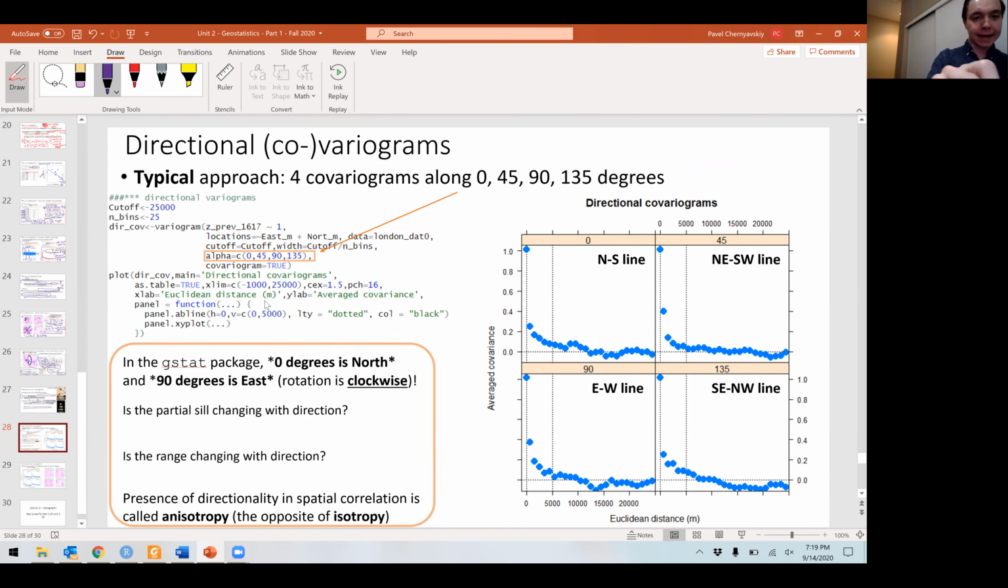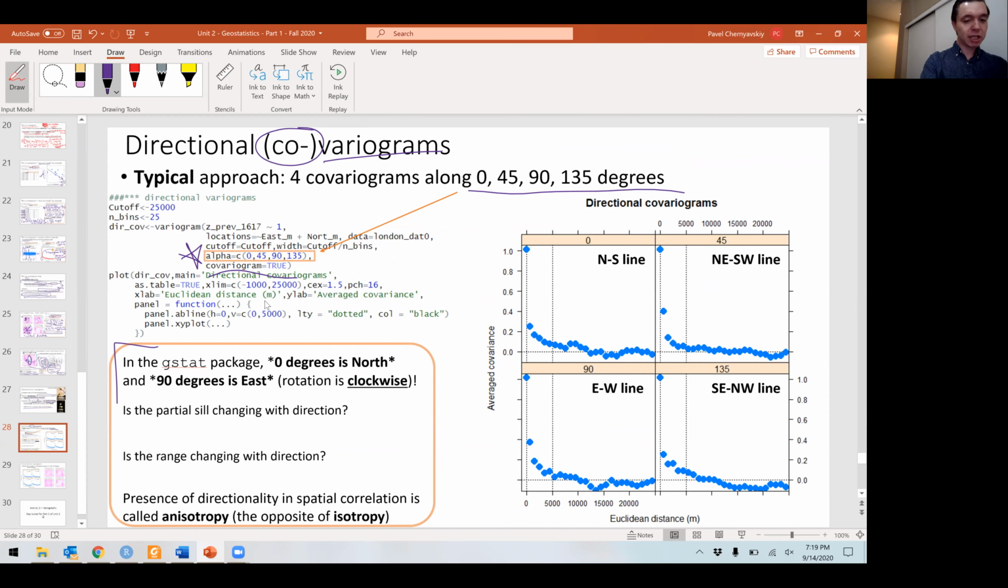So again, I'm looking at covariograms. You could, if you wanted to, be looking at variograms. The way you look at these directions is by specifying this alpha bit in your code. And again, this is a covariogram, so you're looking at covariances. So this is annoying.